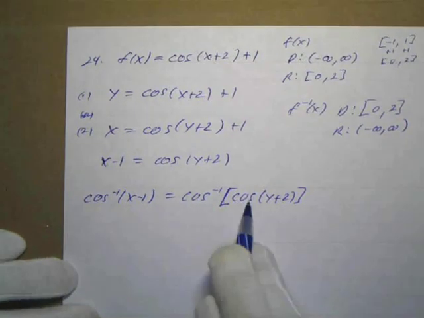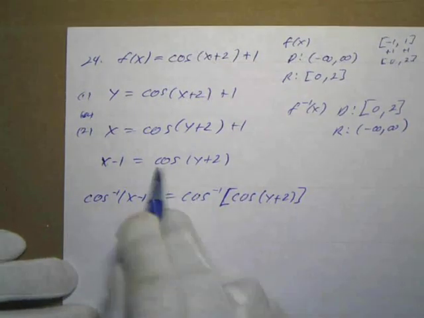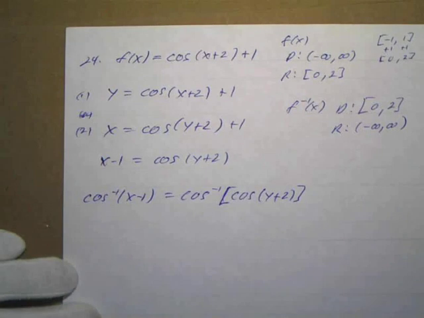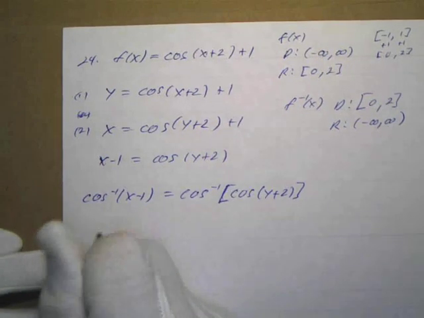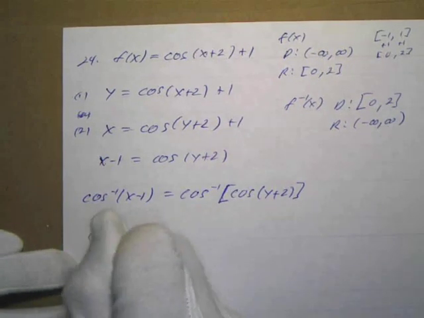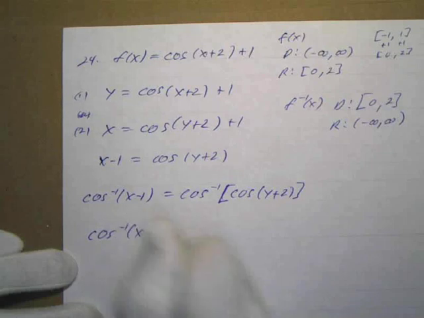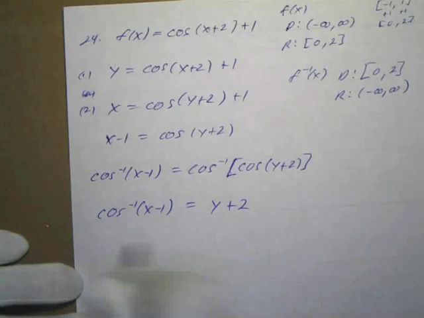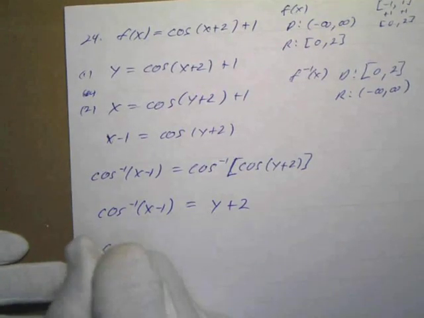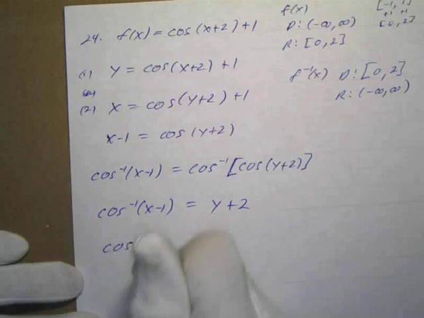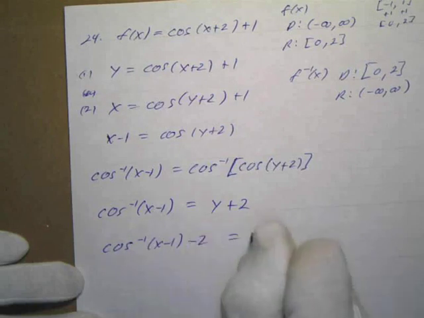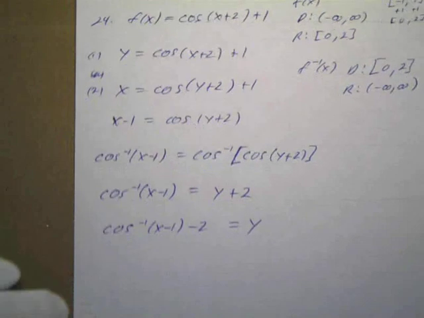And that's going to kind of undo this, and that's going to allow me to get at the y because the y is kind of embedded under this cosine umbrella. So I've got the inverse cosine over here. These undo each other, so I've got y plus 2. And then I can subtract 2 from both sides. And there's your inverse function.